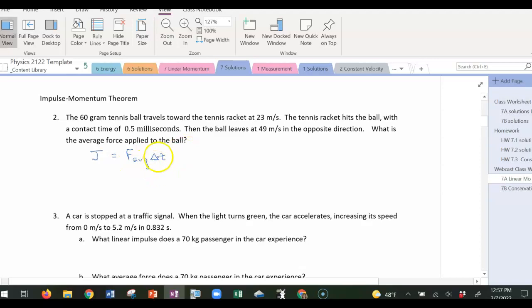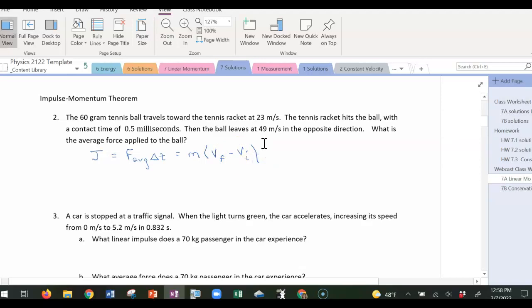That impulse, force times elapsed time, causes a change in the momentum, and that change in the momentum would be the mass of the object times the change in the velocity.